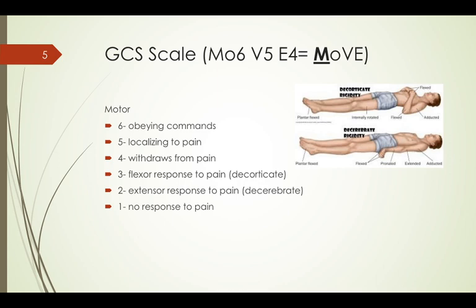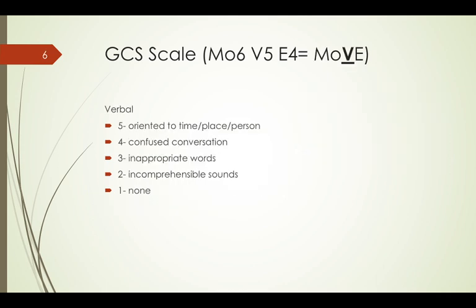Here the arms are extended and pronated either side of the patient's trunk, and then grade 1 for unresponsive. So there's 6 grades for motor, 5 for verbal, so orientated, confused, inappropriate words, incomprehensible sounds, and then no response.